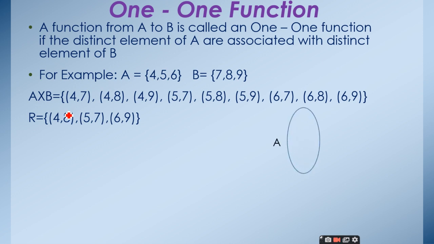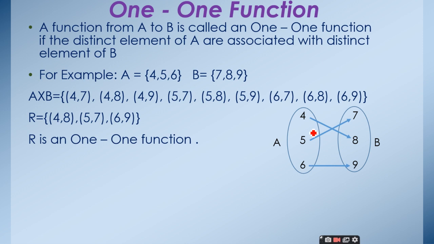We have a Venn diagram of the relation. As you can see, 4 is associated with 8, 5 is associated with 7 and 6 is associated with 9. Each element of set A is associated with a distinct element of set B. So R is a one-to-one function.